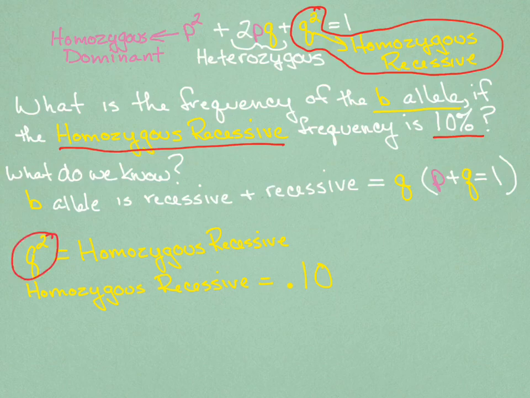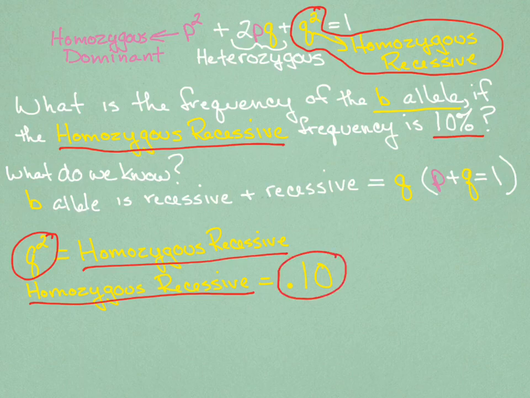So if Q squared equals homozygous recessive, and homozygous recessive equals 0.10, that must mean that Q squared equals 0.1, correct? This is just equalities here.